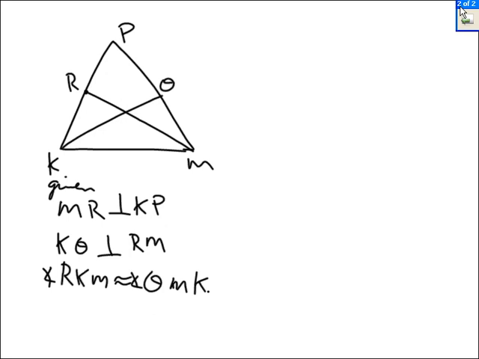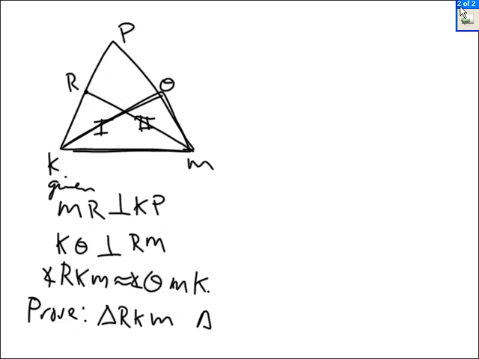So this is given. And we want to prove that these lower two triangles, triangle RKM and this other triangle to the right, namely KOM, are congruent.